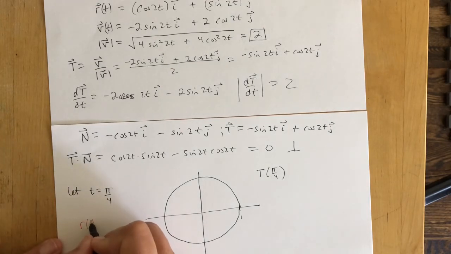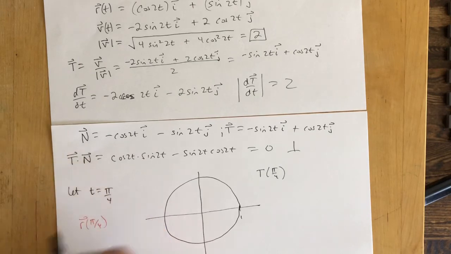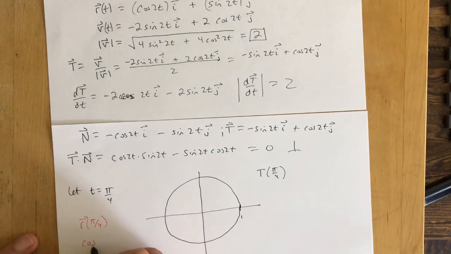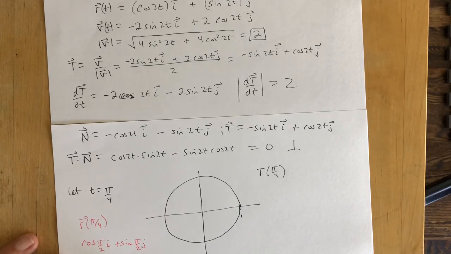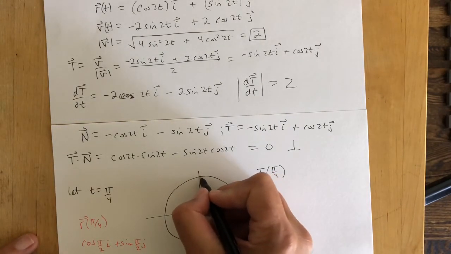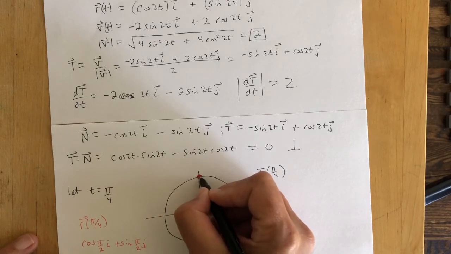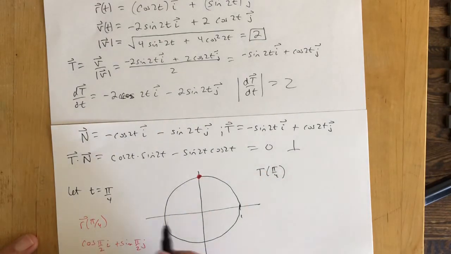What's r of pi over 4? r of pi over 4 is cosine pi over 2 i plus sine pi over 2 j. And that is here. So this is r of pi over 4.